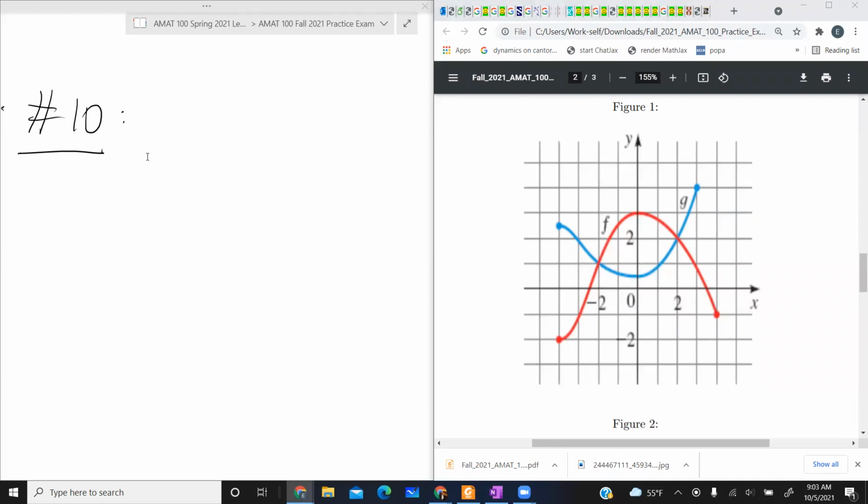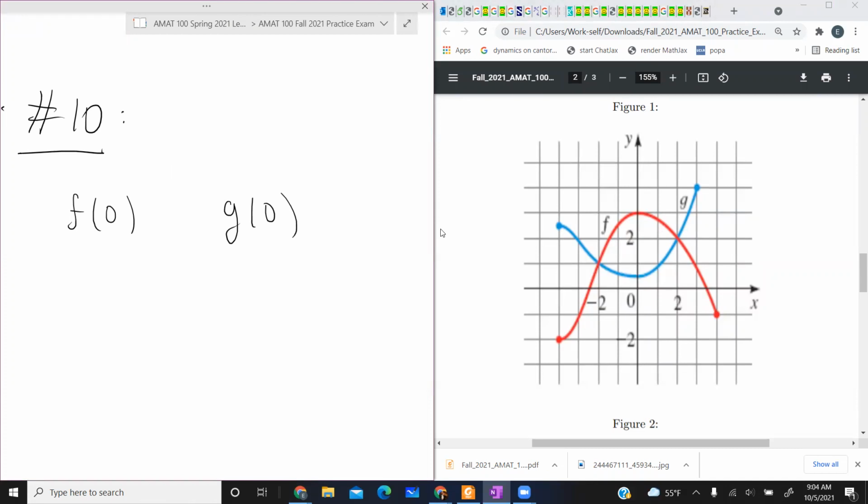And the first question is, how is f of 0 related to g of 0? So we're looking at the two functions evaluated at x equals 0. So remember, f of x represents roughly the height of the function above or below the x-axis.